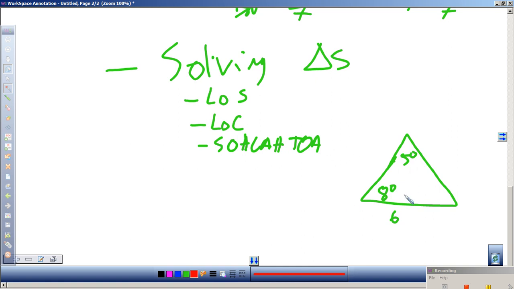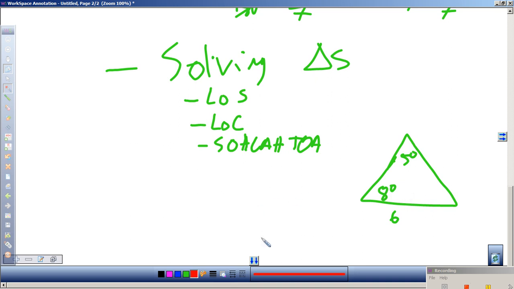If you have two angles, is there more than one solution to this? How do you know? Let's do it on the triangle. It's AAS, right?